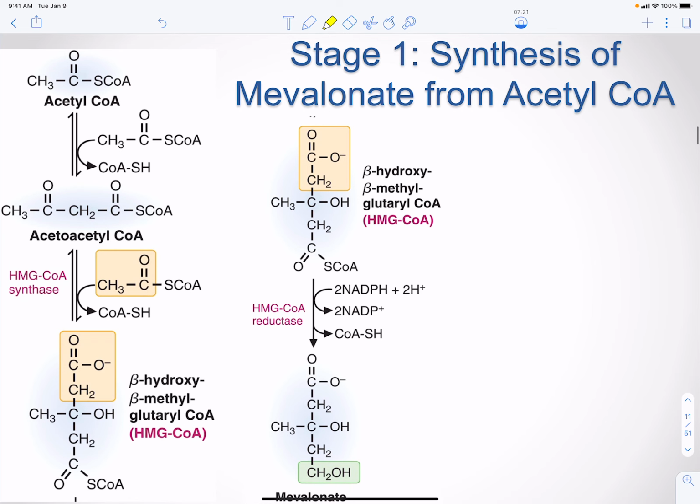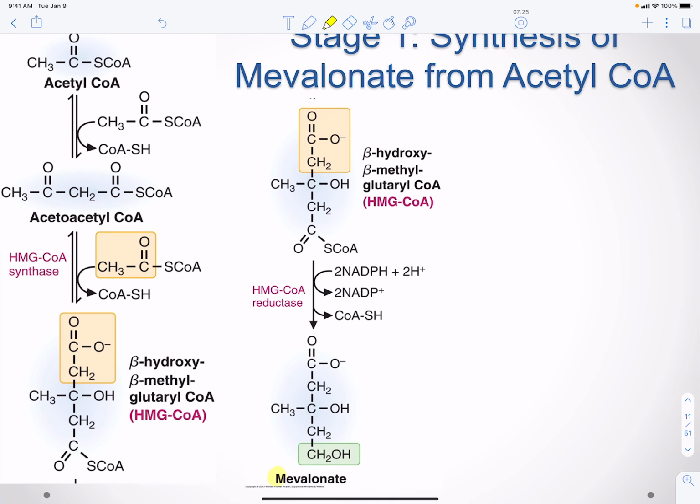So the first stage is going to be mevalonate from acetyl-CoA. Okay? You're going to take acetyl-CoA and you're going to add another acetyl-CoA and you're going to make acetoacetyl-CoA. This is not the rate limiting step. This acetyl-CoA can go somewhere else and do something else. Now, when you add the third one, that's when it becomes the rate limiting step.